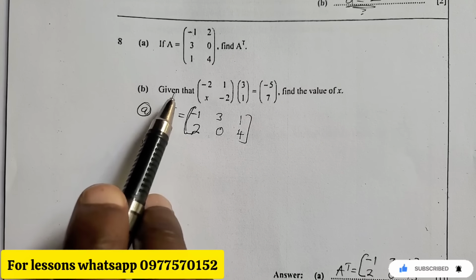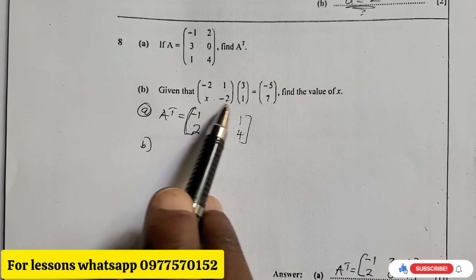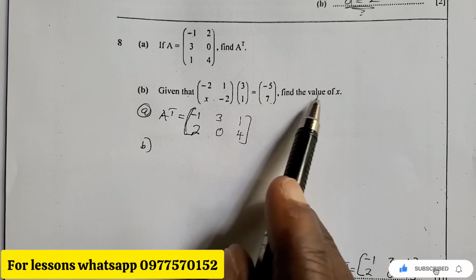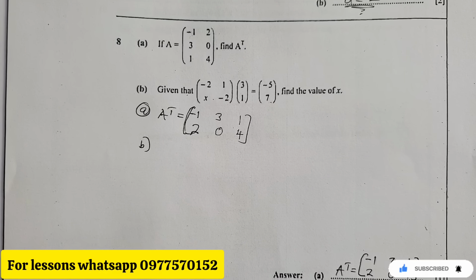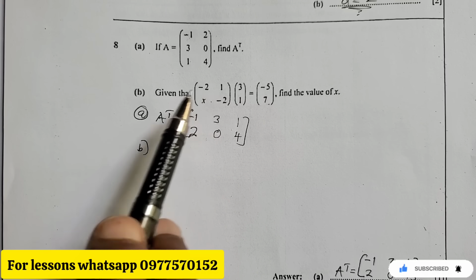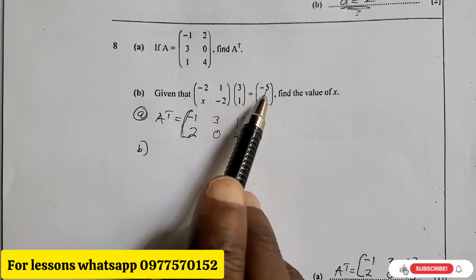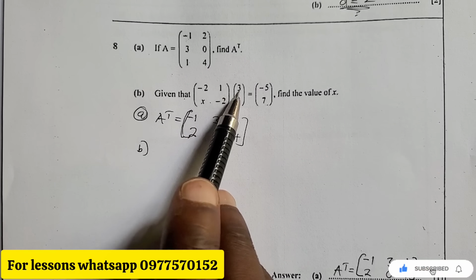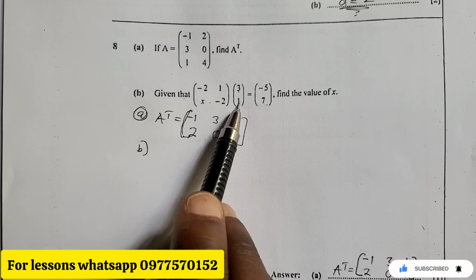B, given that, so you have this matrix and it's being multiplied with this to get this. Find the value of x. Okay, nice. So let's do this. Let me show you something. Do you know that to get -5, they multiplied -2 times 3 plus 1 times this?